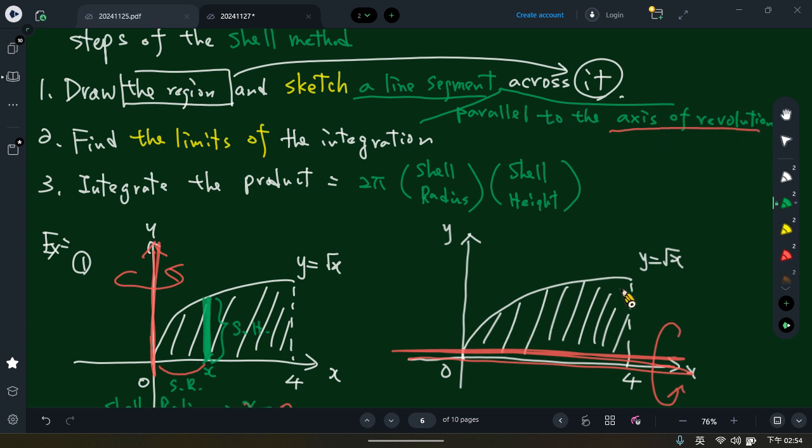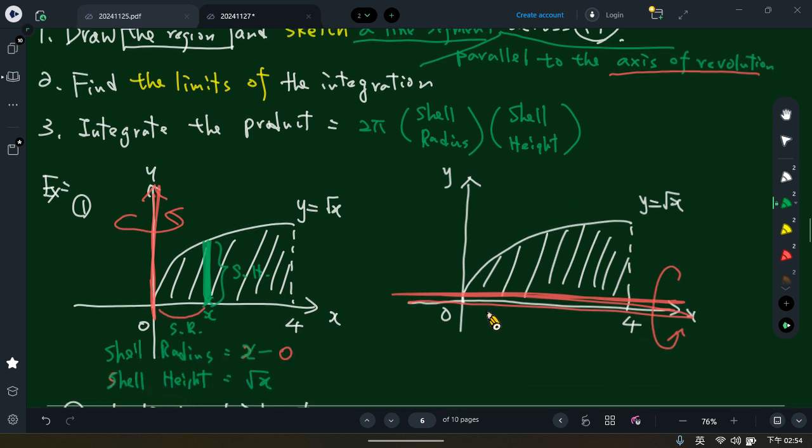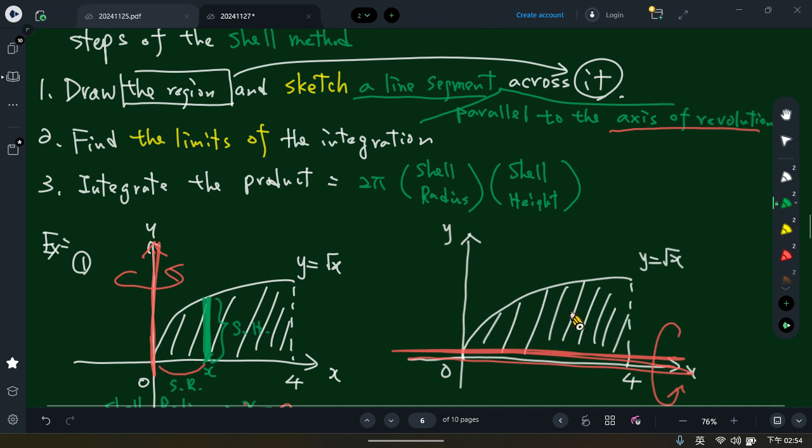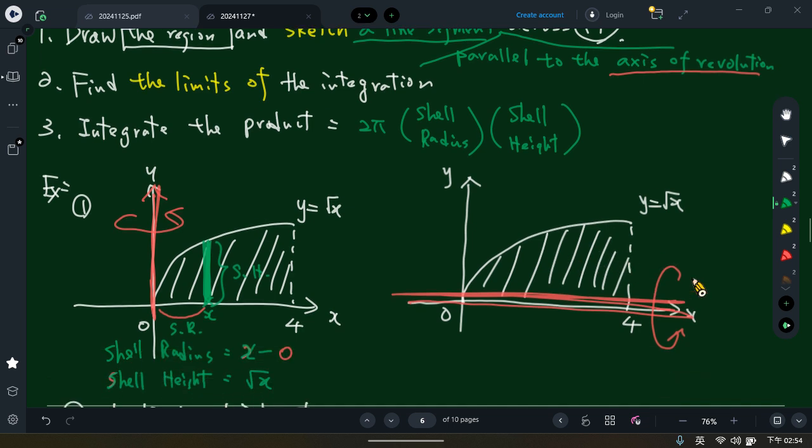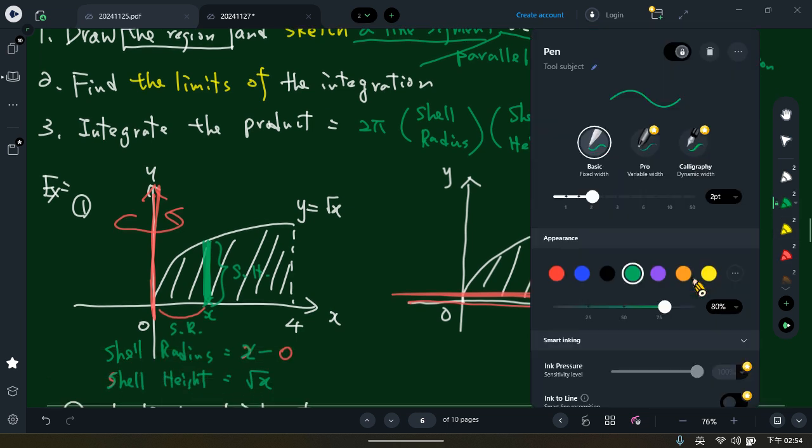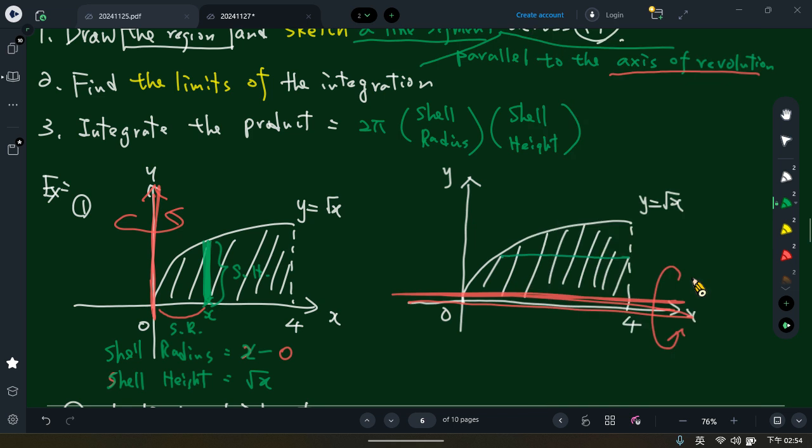So we already have the segment, and already know the axis of revolution. Then we need to draw a line segment which must be parallel to the axis of revolution, right? So this is a line segment.